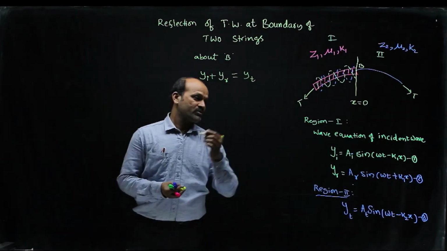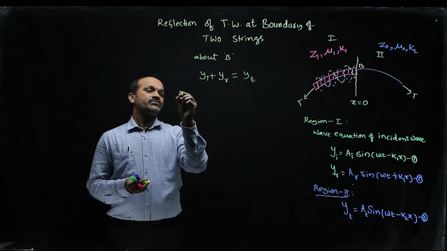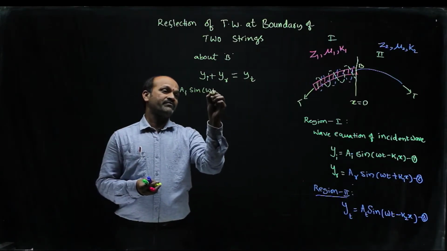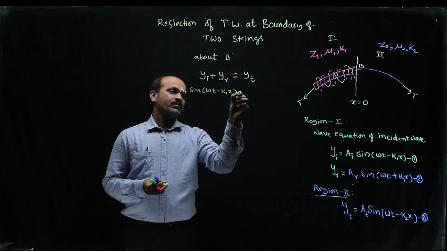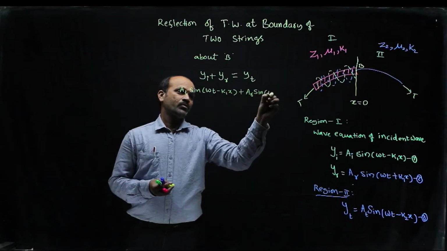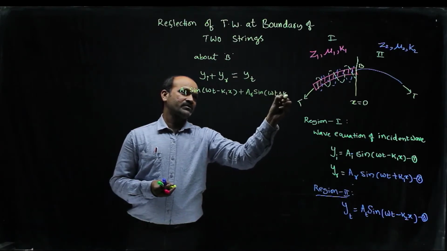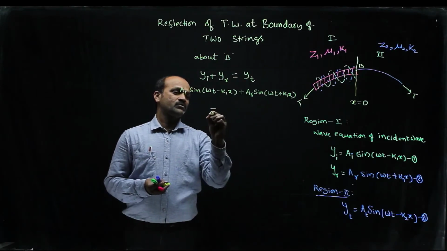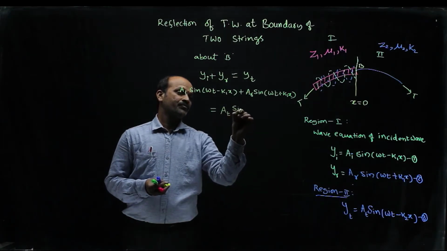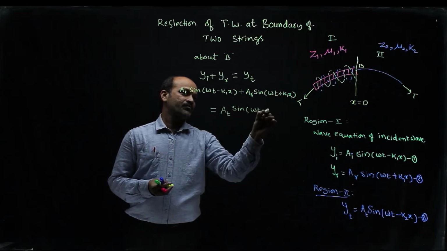Let us substitute all these equations here: a1 sin(omega t minus k1x) plus ar sin(omega t plus k1x) is equal to yt, which is at sin(omega t minus k2x).